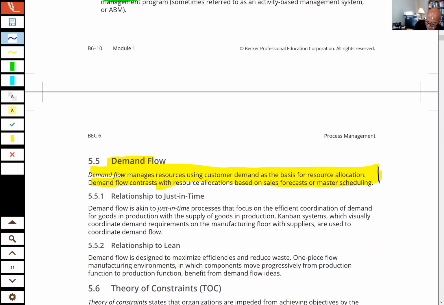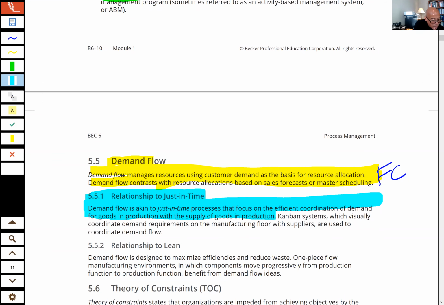So again, that's kind of bringing more back in what I was saying, that you have to consider, hey, what's the demand part? It's not all about trying to reduce cost all the time. Sometimes you've got to incur some more cost if technology moves forward and whatnot. Okay, demand flow is akin to just-in-time processes that focus on the efficient coordination of demand for goods in production and supply of goods.